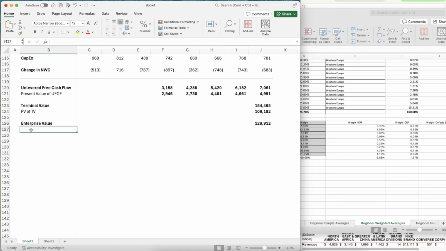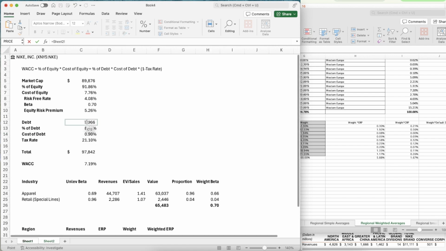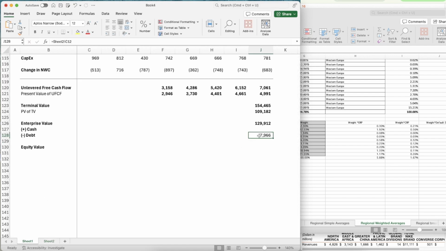Okay, now we want to add back in the cash. We want to subtract the debt to get the equity value. The cash, okay, we know the debt because we've got it for the WACC.